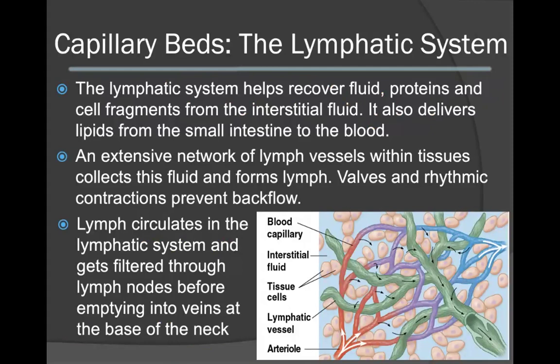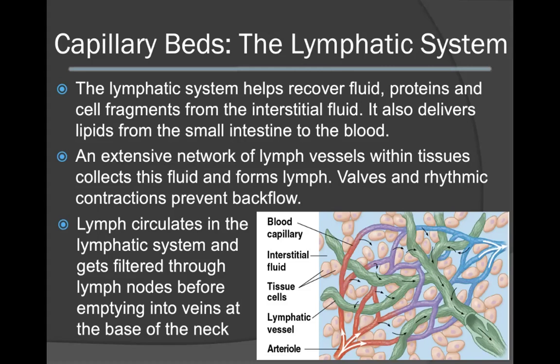Within capillary beds, there is also the lymphatic system. The lymphatic system is important in helping to recover fluid, proteins, as well as cell fragments from the interstitial fluid. If you remember, the lymphatic system also helps deliver lipids from the small intestine into the bloodstream. There is an extensive network of lymph vessels that exists within the tissues.